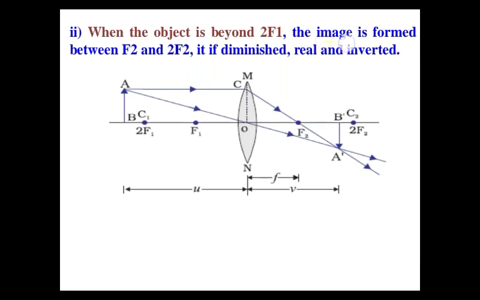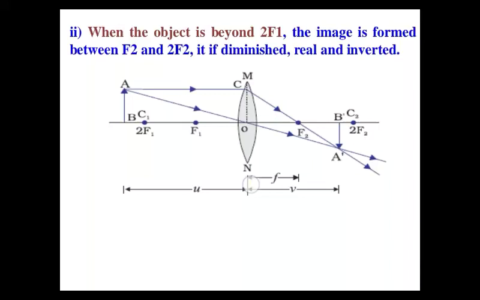So for the image formed in this case of a convex lens, we will draw the lens and principal axis in the same way, and we will show this object. One ray of light which is coming parallel to the principal axis will pass through the focus according to the rule, and another which is passing through the optical center will go undeviated, and wherever these rays of light meet after refraction, the image of the object is formed at that place.